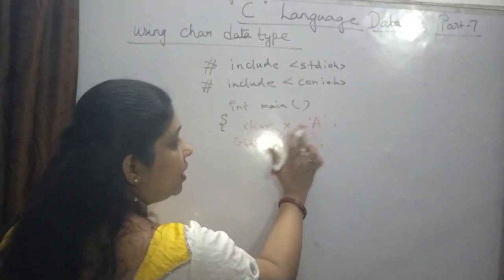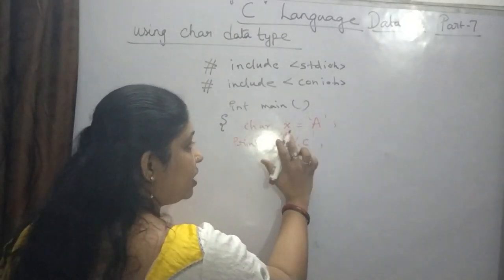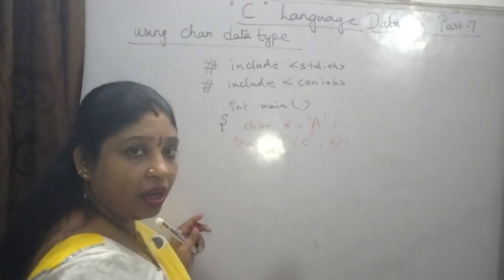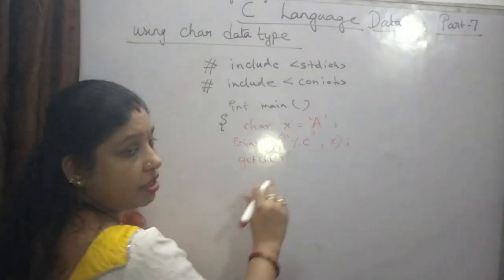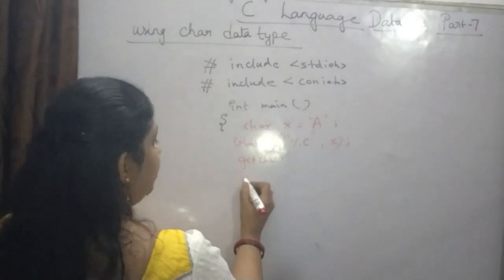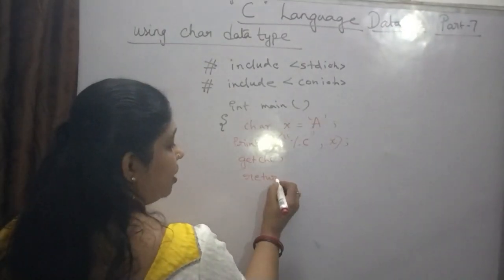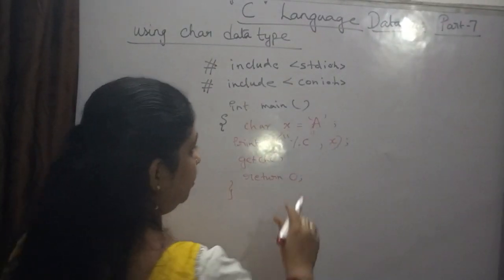Now the value is in x, so I am writing x here and closing this. Now these are the functions. When we discuss functions, I will explain you about this. Don't worry about this getchar. Return, so compulsorily you have to write like this. Next, close it.